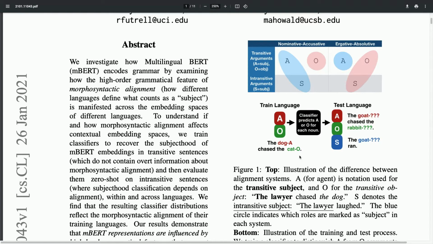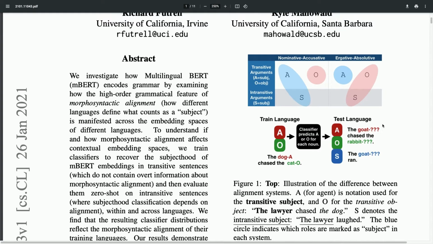So basically what the authors do is they make a data set with such annotations of agents and objects, transitive objects, and they train classifiers in 24 languages using multilingual BERT embeddings as input, and the classifiers are then used to predict some other sentences either in the same language or in one of the other 23 languages.